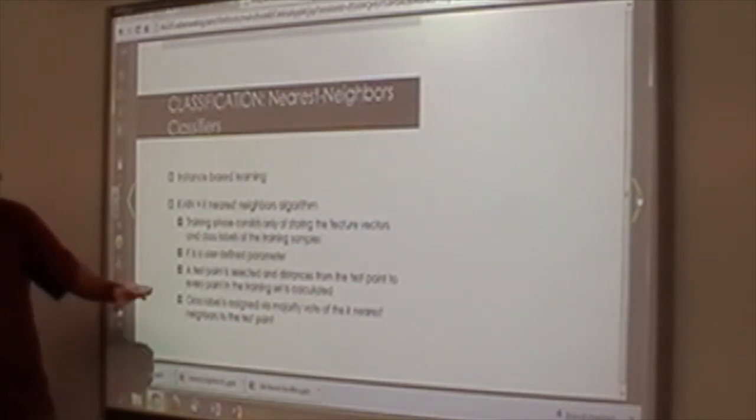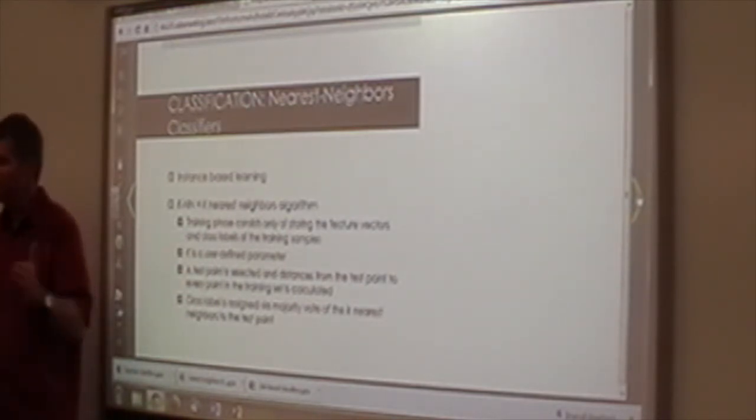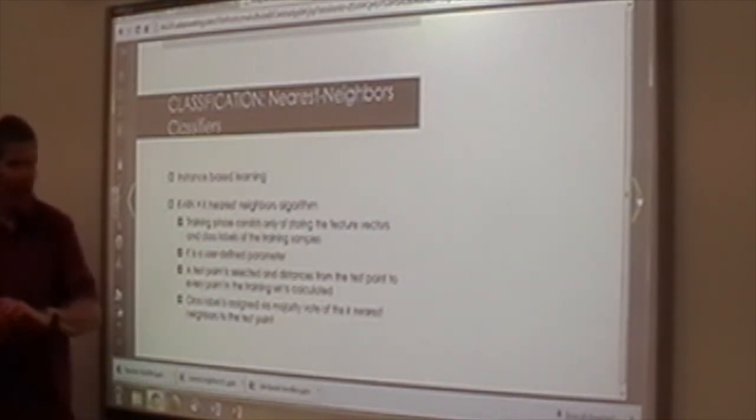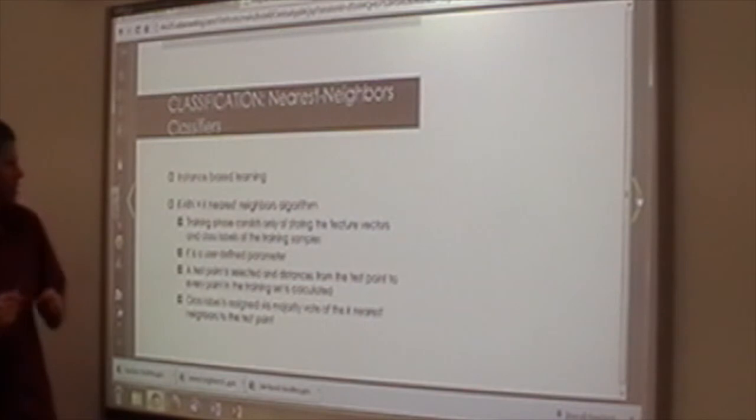K is a user-defined parameter, and it's going to be very important to the efficacy of the algorithm. The basic idea is you're going to select an instance from your test set, a test point. And you're going to measure a distance using some distance measure: Euclidean, which we talked about in the similarity measures, I don't know how many lectures ago that was, Hamming distance, and so on.